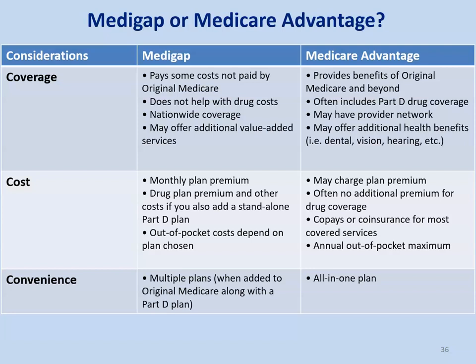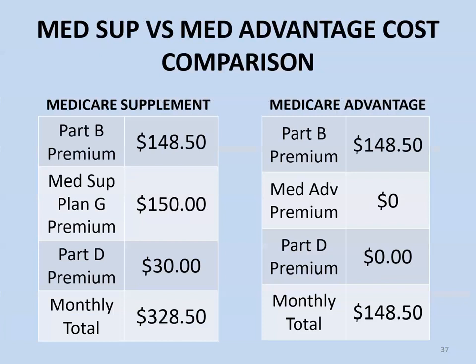Now, just to compare some costs, you're going to get an idea of what you'll see on average. With Medigap or Medicare supplement plans, you're looking at your Part B premium. We can't avoid that. That's something we have to pay no matter what: $148.50 or more depending on your income. If you choose a Medigap Plan G as an example, that monthly fee could be $150.